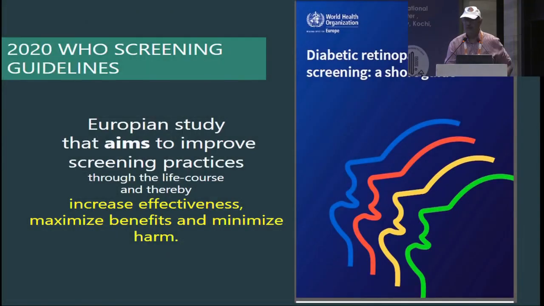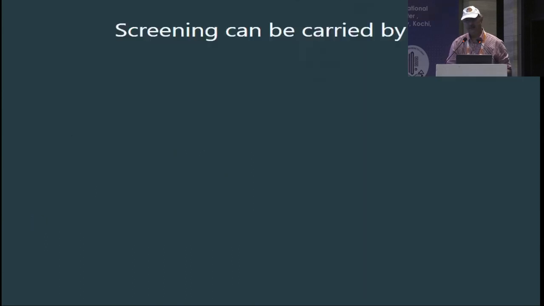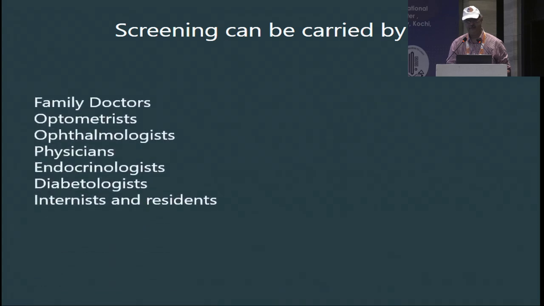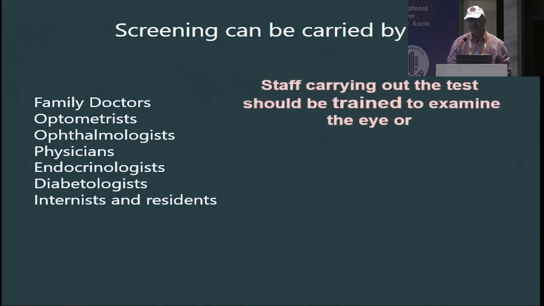In 2020, interestingly, WHO guidelines have come for screening, and what they are saying is very interesting. WHO is telling that screening can be carried out by family doctors, optometrists, ophthalmologists, physicians, endocrinologists, internists, residents. So they have not left anybody. And what these human resources should do, they should be trained to examine the eye.